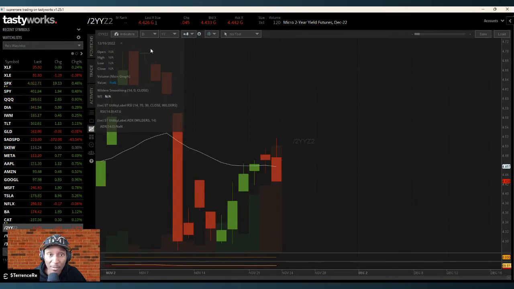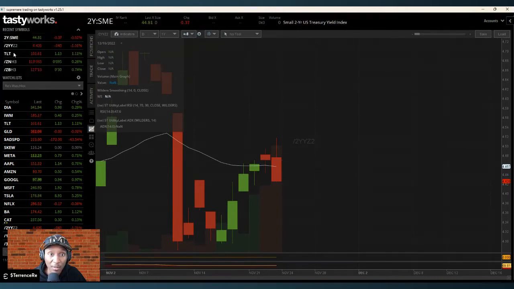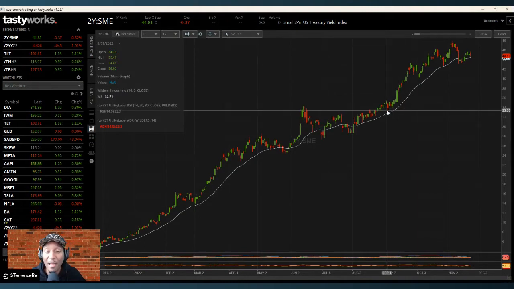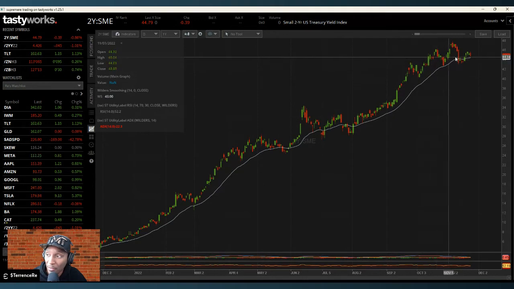Let's go back and look at the 2 year. The 2 year is the most accurate one to watch, in my opinion, because they have more control over that. That's a more immediate change. If you can get a chart of like a 3 month or something like that, you can see we almost got something like a triple top.